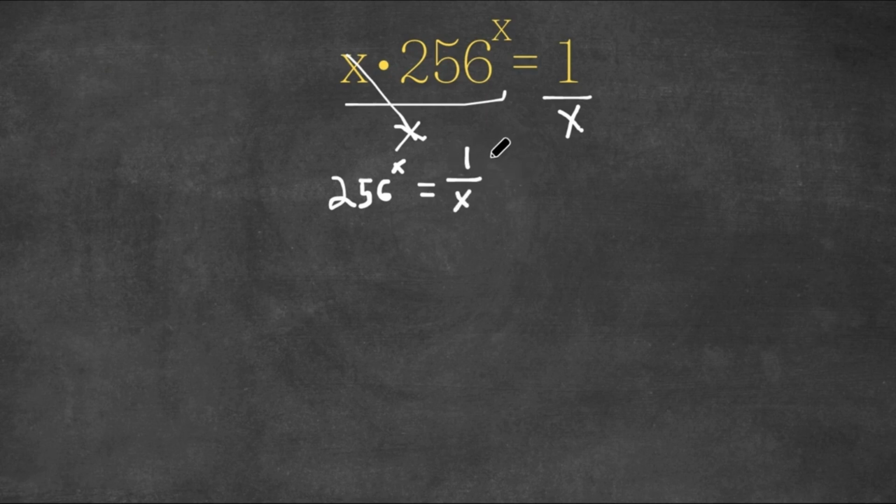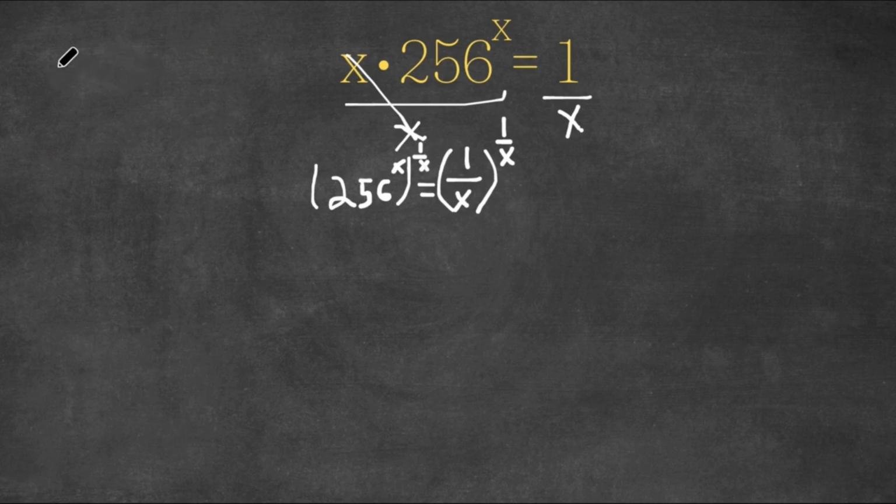Now what we're going to do is we're going to raise both sides to the power of 1 over x. So we're going to do 1 over x to the power of 1 over x and 256 to the power of x to the power of 1 over x.